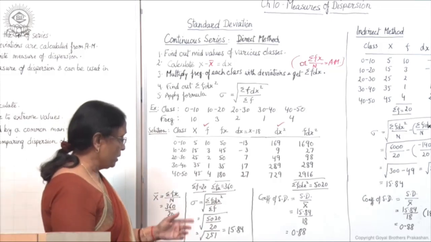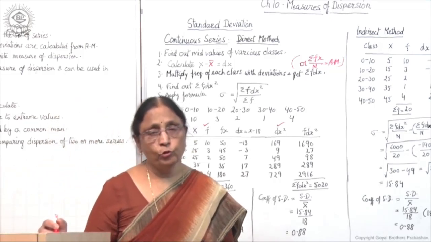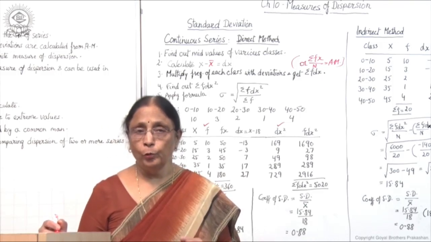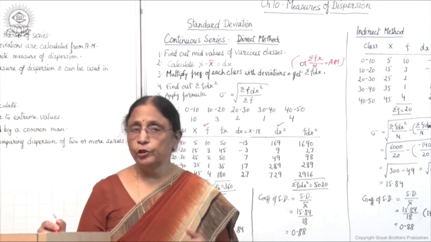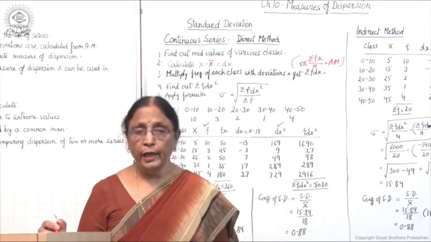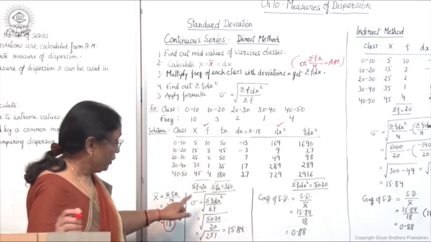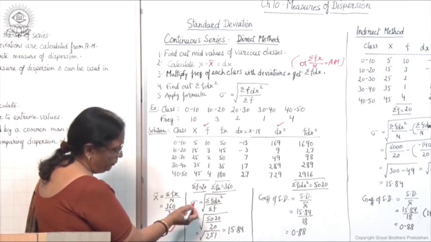Now, next step is apply the formula, and as I told you earlier also, first you write down the formula always, because without writing down the formula you cannot put the values and you will lose marks if you do not write the formula. So, first we will write down the formula. This is the sign for standard deviation.